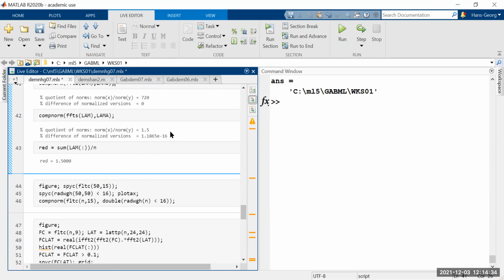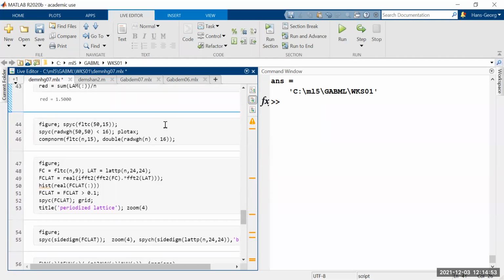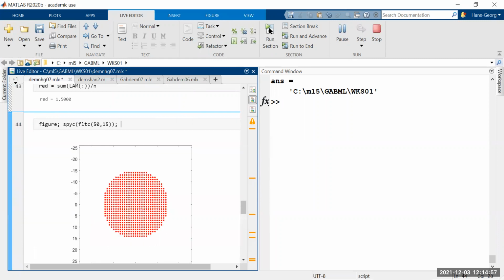Once more, redundancy factor 1.5 means we have 1.5 times the number of lattice points in our lattice compared to n. So 720 divided by 480 is the compensation factor. Now, I have to rerun these sections.